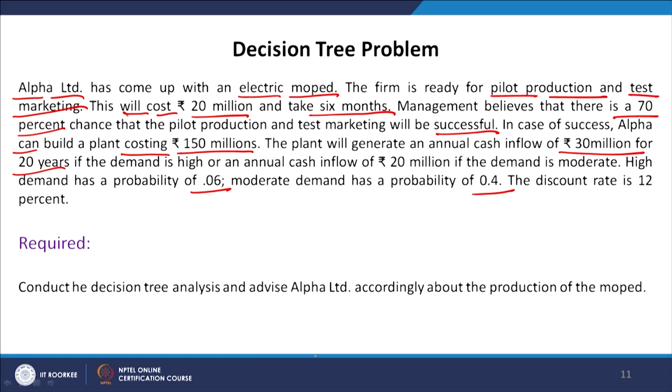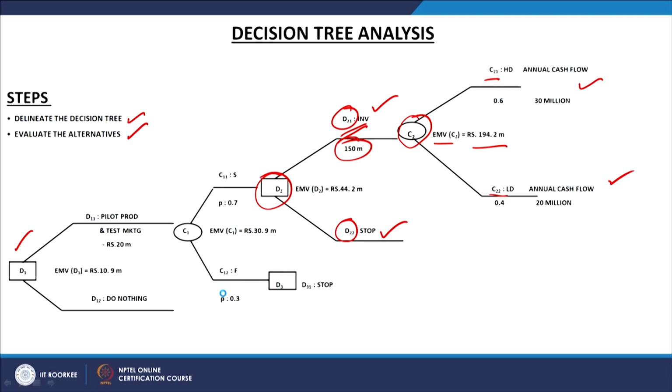So, now we have to conduct the decision tree analysis and advise Alpha Limited accordingly about the commercial production of the moped. For taking this decision, in case of high demand we are given 30 million of sales.